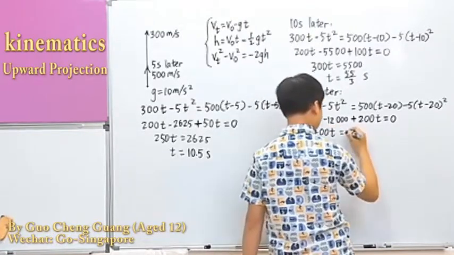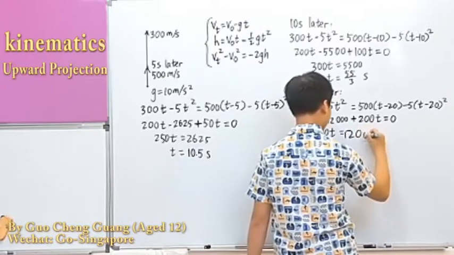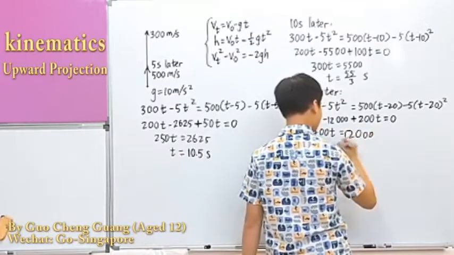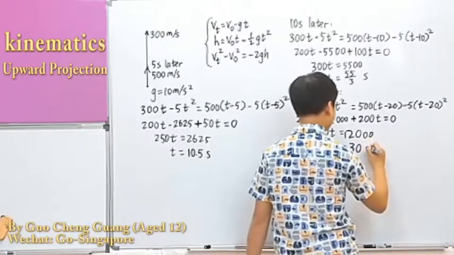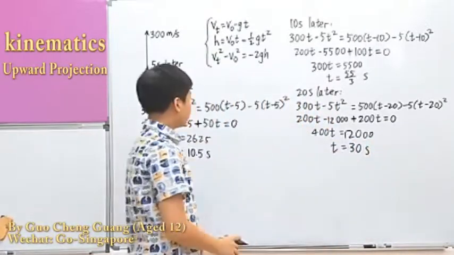So that's what you have for this part. Here is like this. Then for t, what you'll have will be 30 seconds over here.